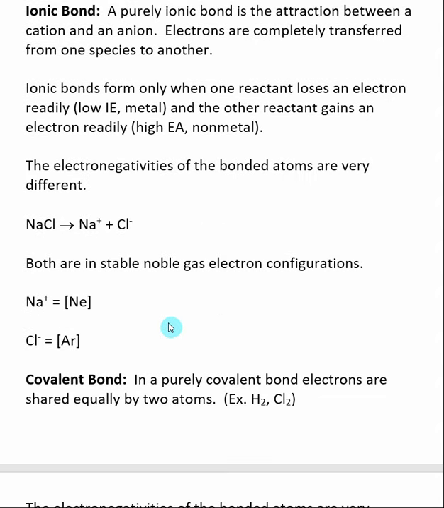Why an ionic bond forms is because the species become more stable and gain a noble gas configuration. If you were to look at the electron configuration of sodium and the electron configuration of chlorine, they both have a noble gas configuration. By losing an electron, Na+ gains the electron configuration of neon, and by gaining an electron, Cl- gains the electron configuration of argon.